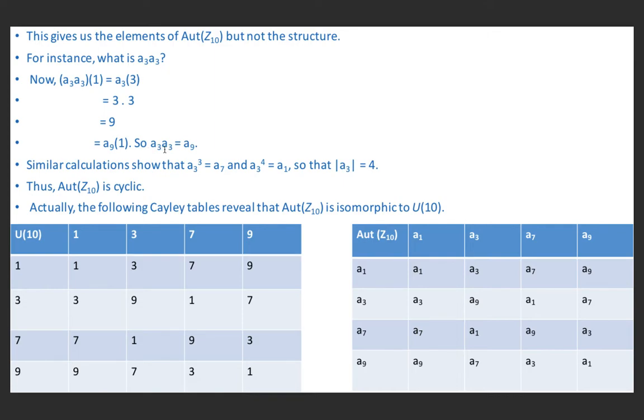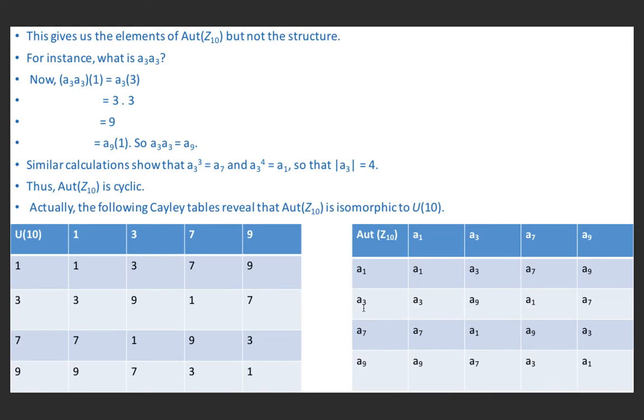So A3 into A3 is A9. From the composition table of the automorphism group of Z10, here it is A1, A3, A7, A9 in the top border row and left border row. And now everyone knows how to construct a composition table, because we have discussed this in a previous lecture.